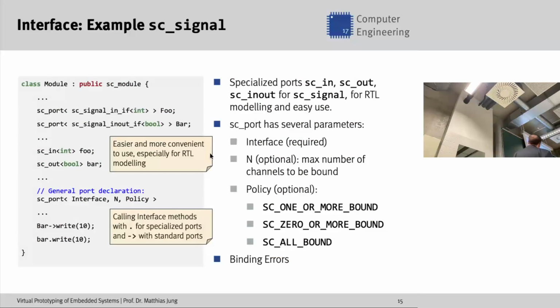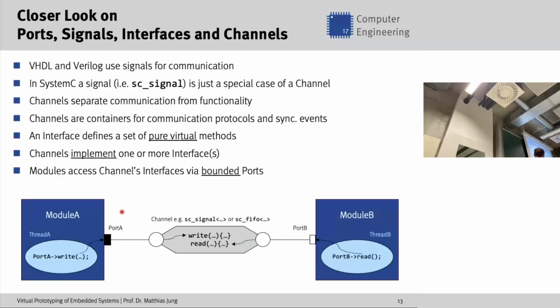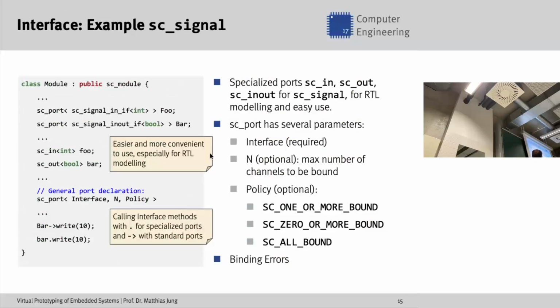This is then when you use it. So if you do some binding, if you create a port like this in your module, what we did so far was we used SC in and SC out. So that's what we have done in the previous examples. And this is just a shortcut for this.